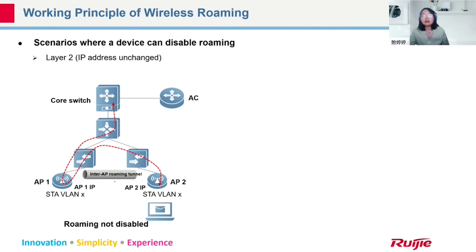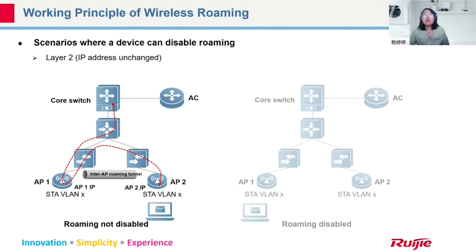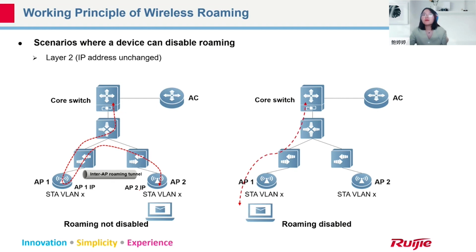AP2 will send it to AP1 and then out. This is the path. But in this scenario, if we do not enable roaming, the message sent out from AP1 will be sent directly out. If the user moves and connects to AP2, AP2 can also send directly out.